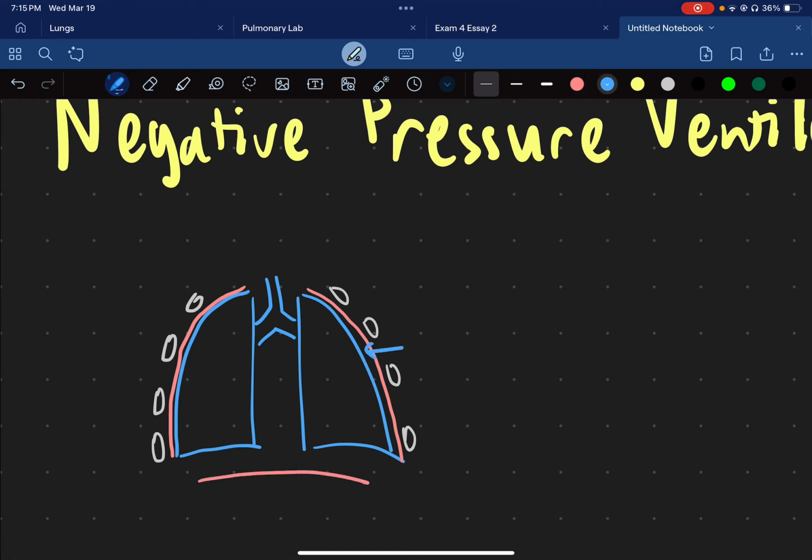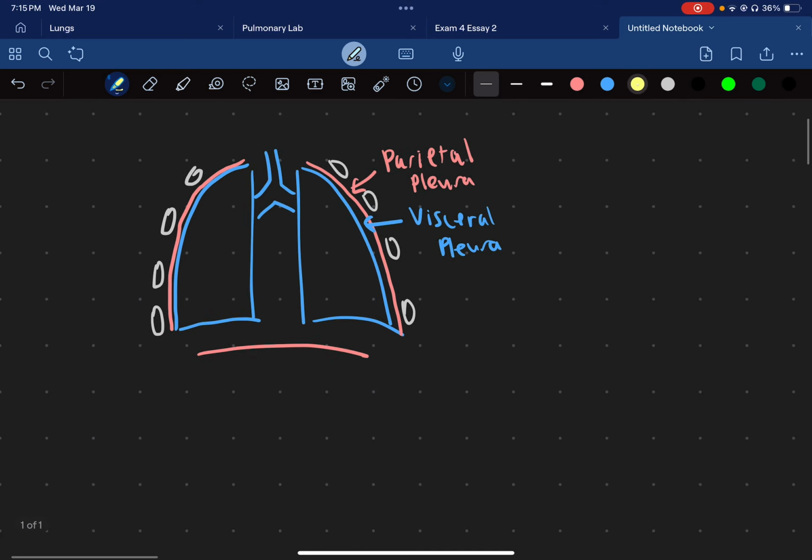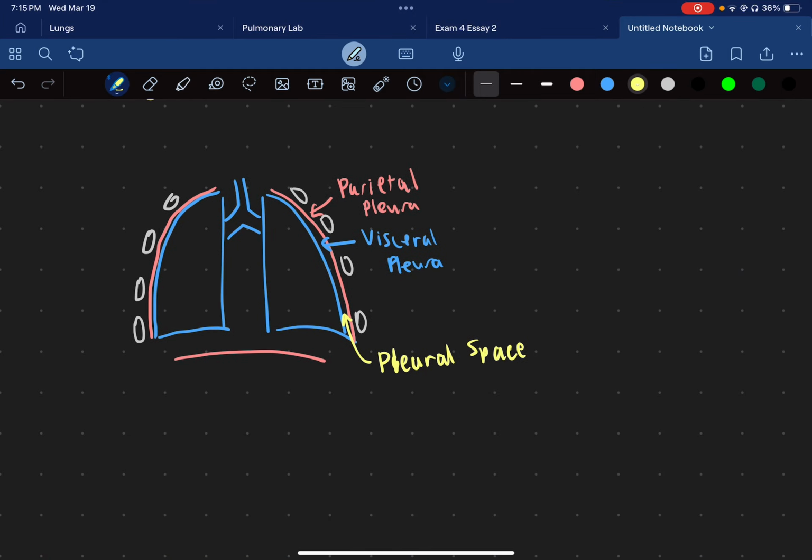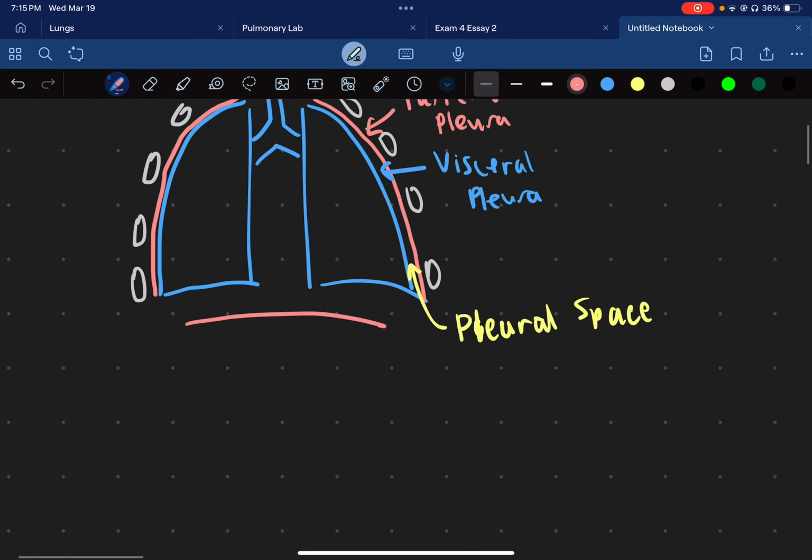This layer right here is going to be called our visceral pleura. This layer right here is our parietal pleura. And this area in between them is called the pleural space. So these are some of the membranes involved, and then here we have our diaphragm.